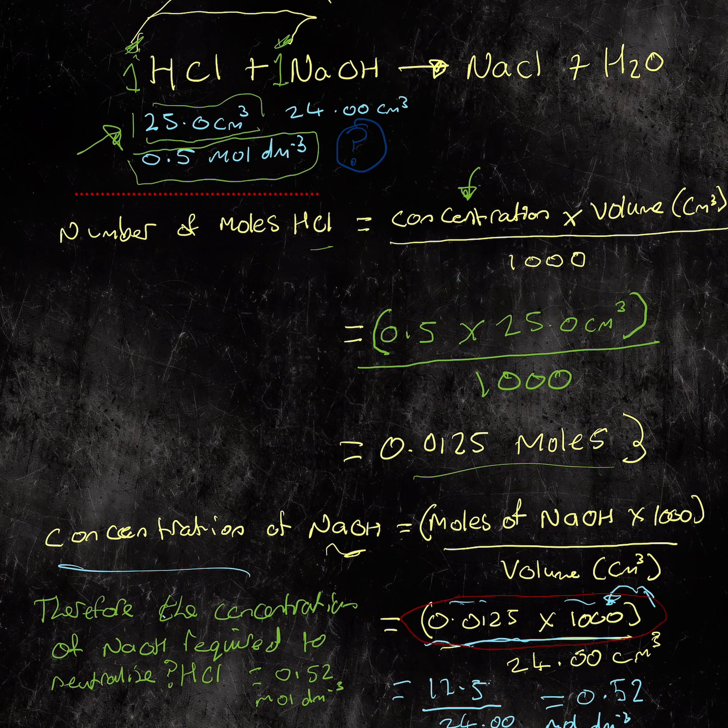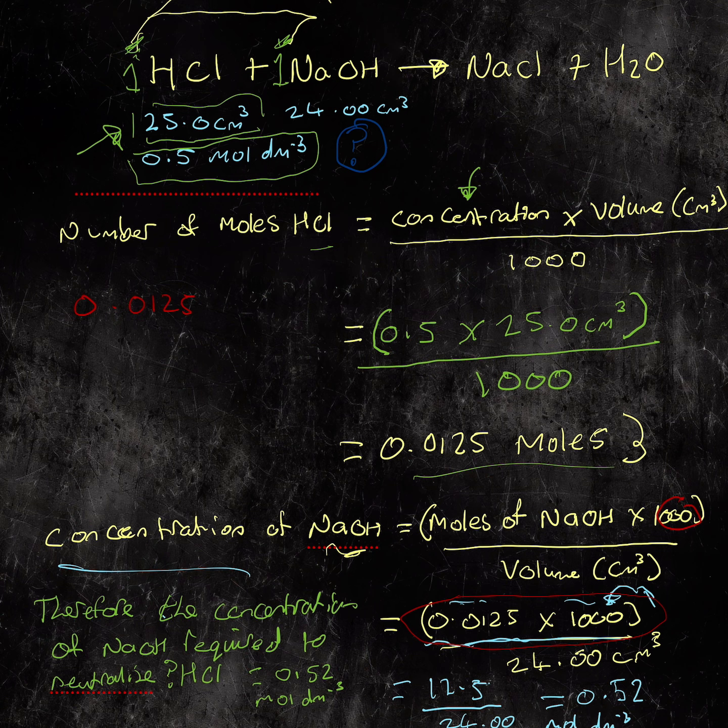So I'll write it over here in red. You would have 0.0125, because the formula is concentration of NaOH equals moles of NaOH over volume, but we just put the extra 1000 in there.